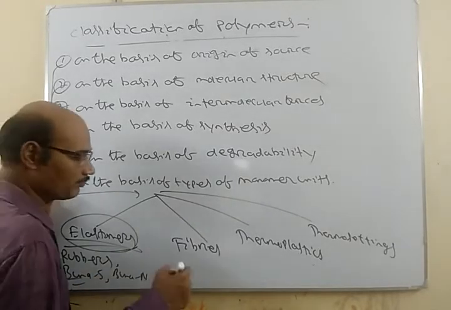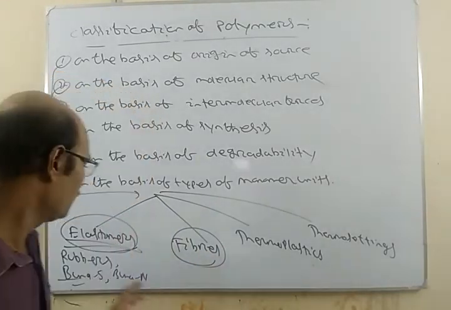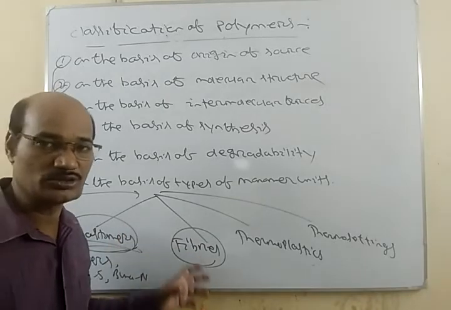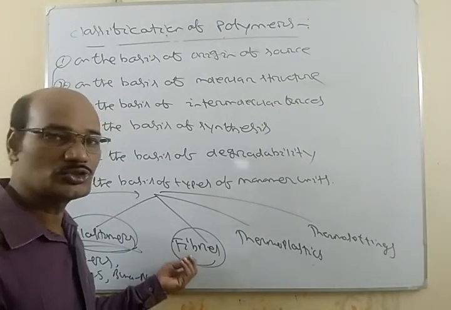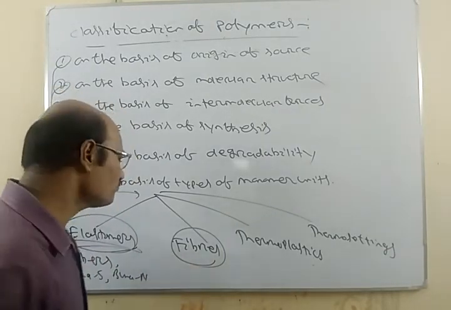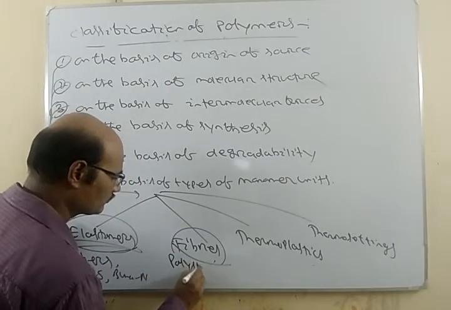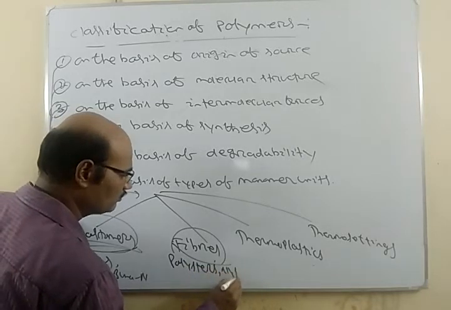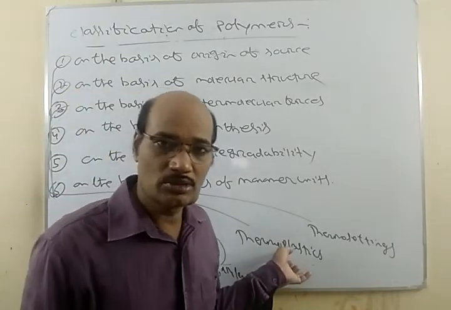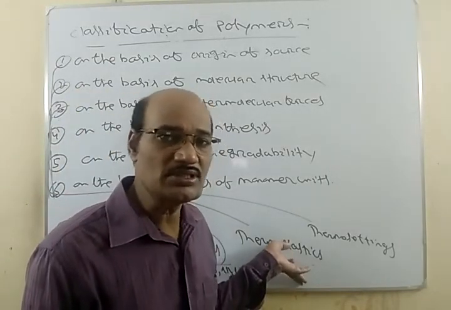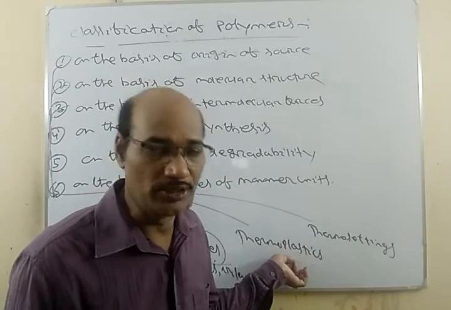Okay, now fibers are the polymers where the intermolecular force between the monomers is very high. Okay, and they are strong. For example, polyesters, nylon are the fibers. Now thermoplastics are the polymers which become soft on heating and hard on cooling.